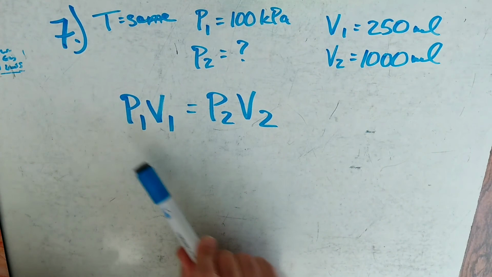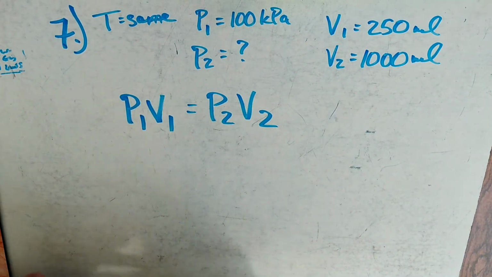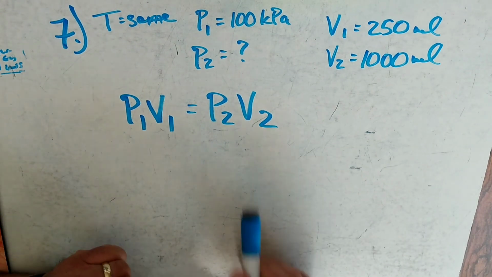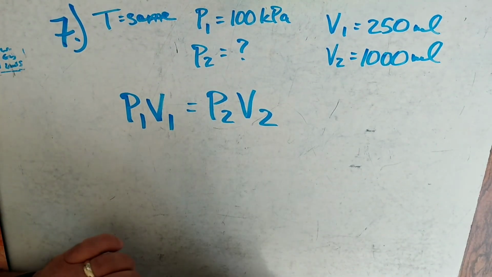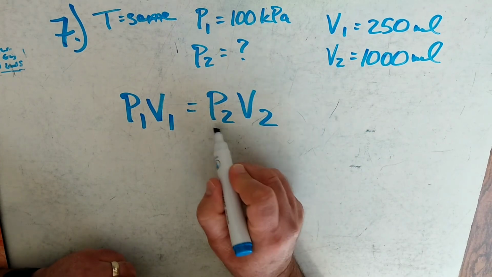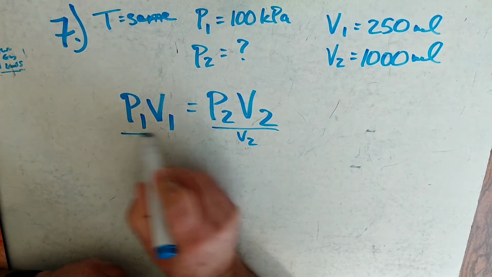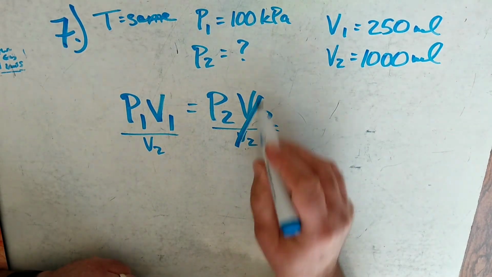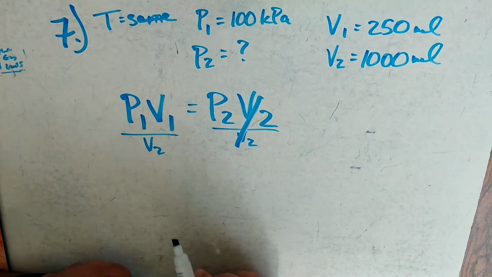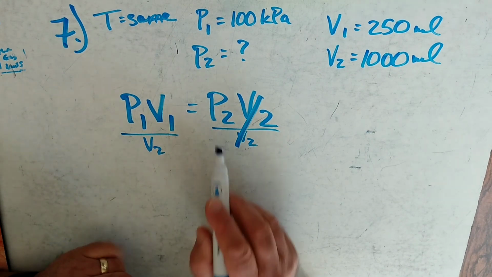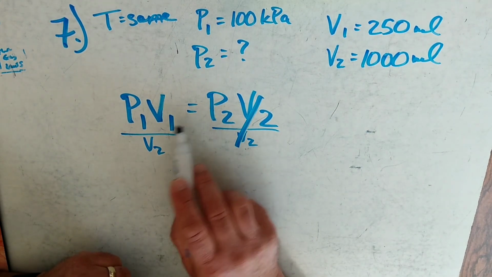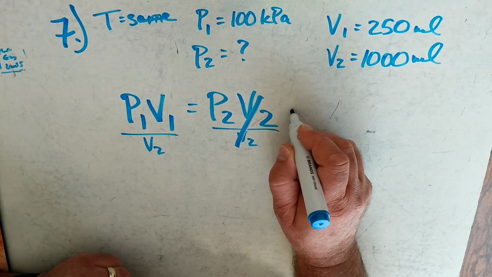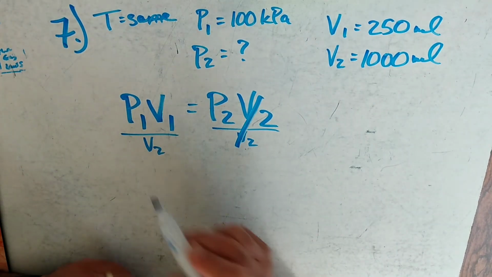Now, we want our P2, so we have to manipulate this equation and get it by itself. We divide both sides by V2, and the V2s cancel out on that side, so P2 equals P1 V1 divided by V2.